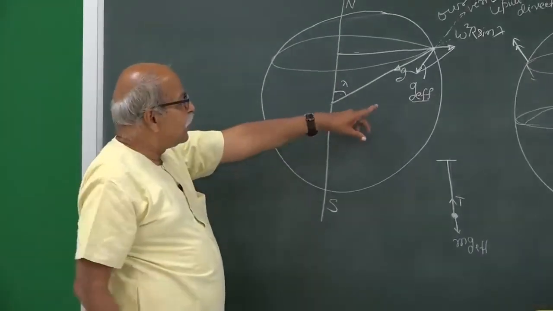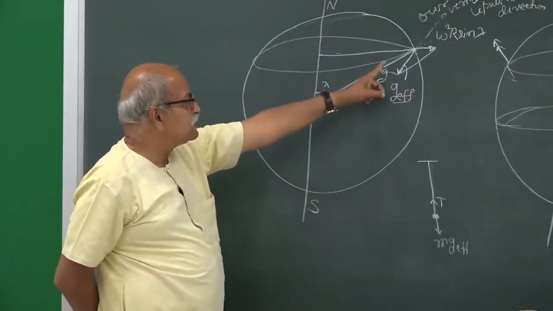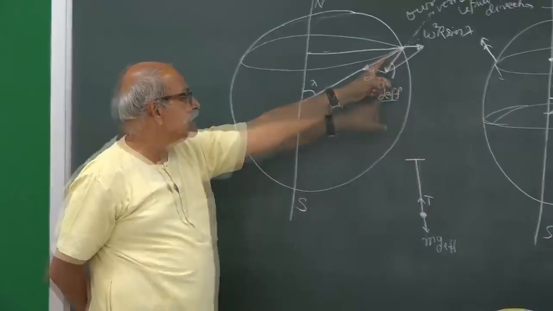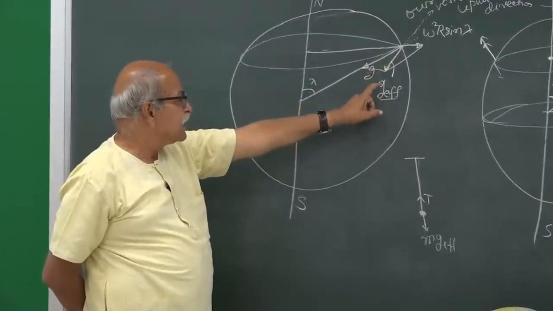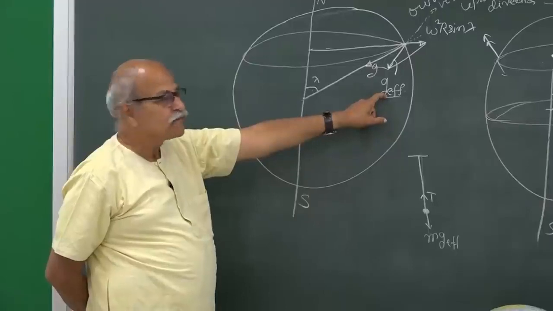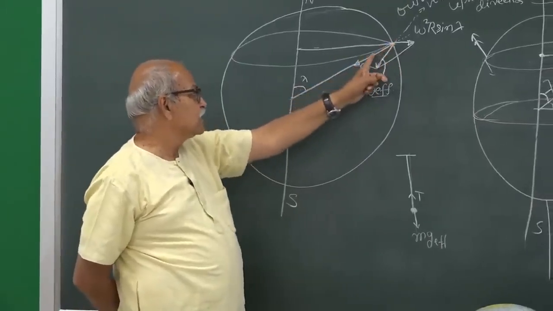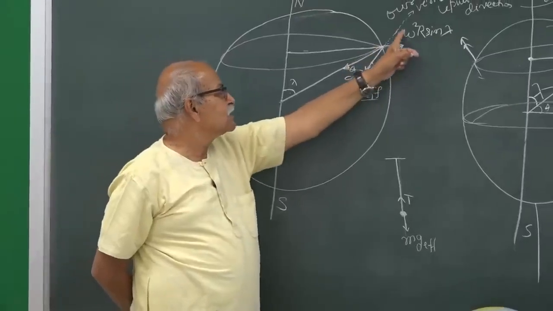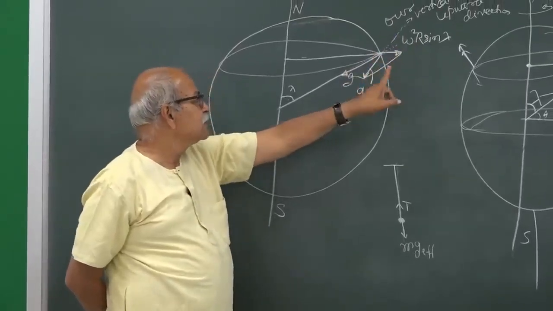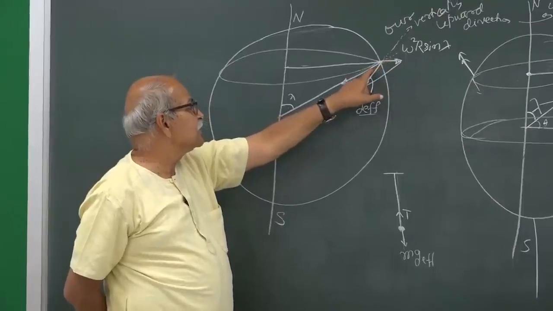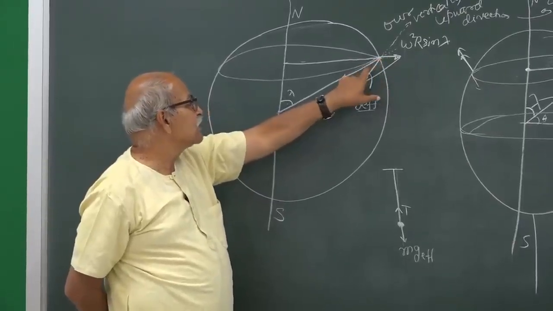Now, let us see how much is the effect, how much is this deviation angle, how much is the difference between this G and this G effective. It is a simple parallelogram addition of two vectors, one is G here, another is omega square r sin lambda here, and there is an angle between these two. How much is that angle?